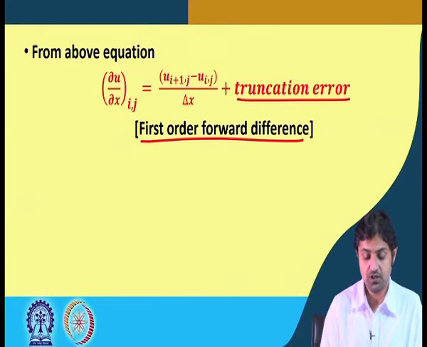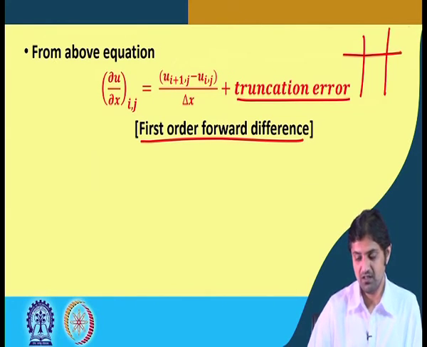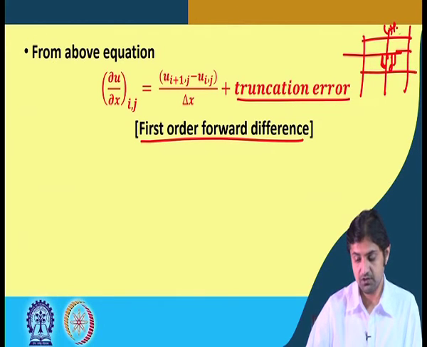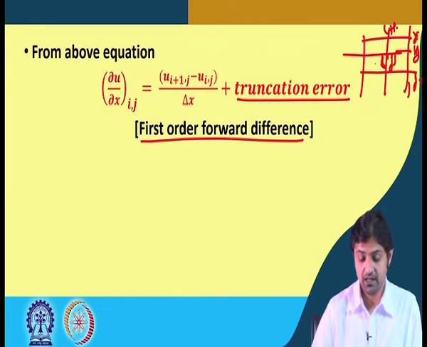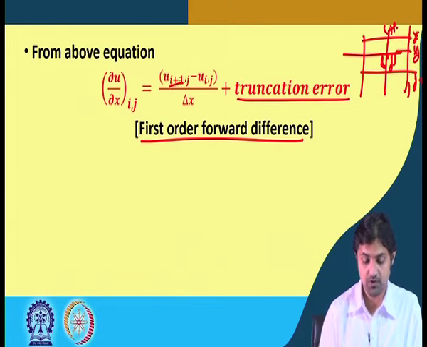Forward because we have i plus 1. So, say this is (i,j) and this is the i+1 line and this is the j line, this is j minus 1 and this is j plus 1, and that means it is forward, i plus 1.